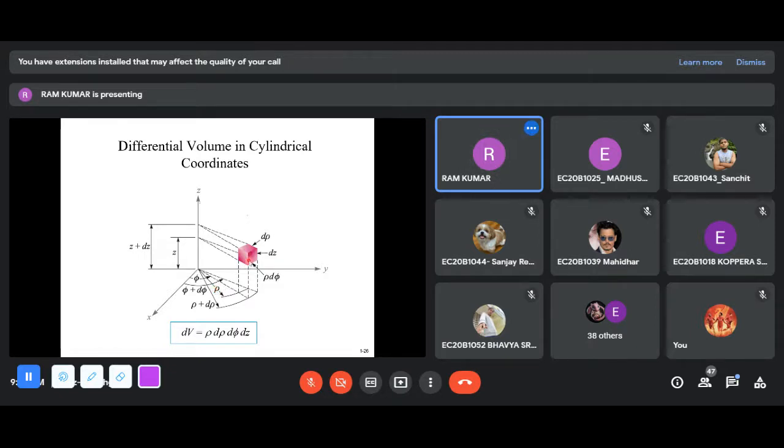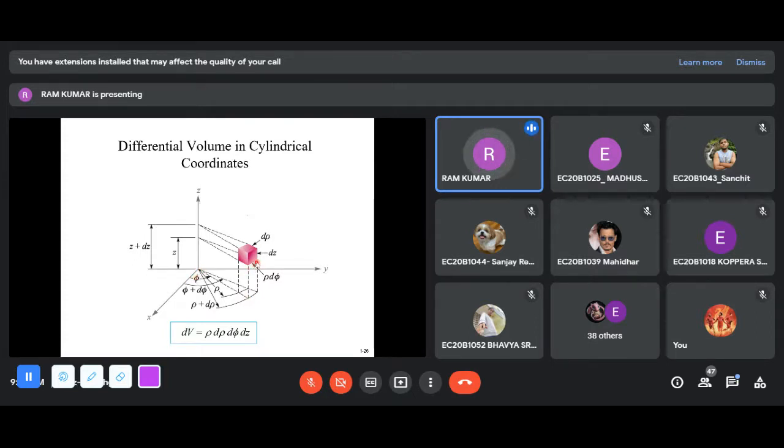We have this point. Suppose to find the angle phi, you may take this line, this point, this line, and extend up to the origin, that you can make phi.